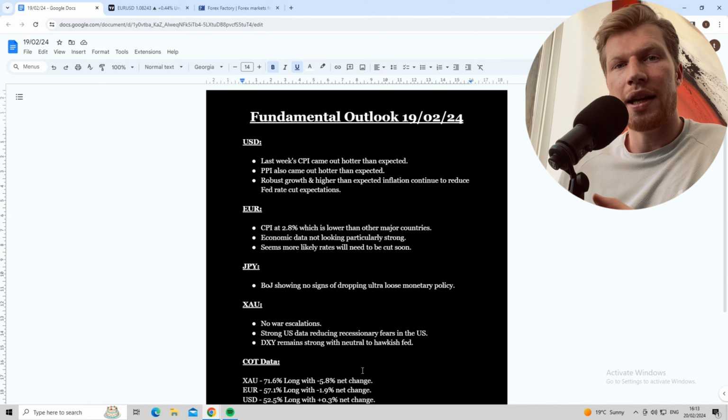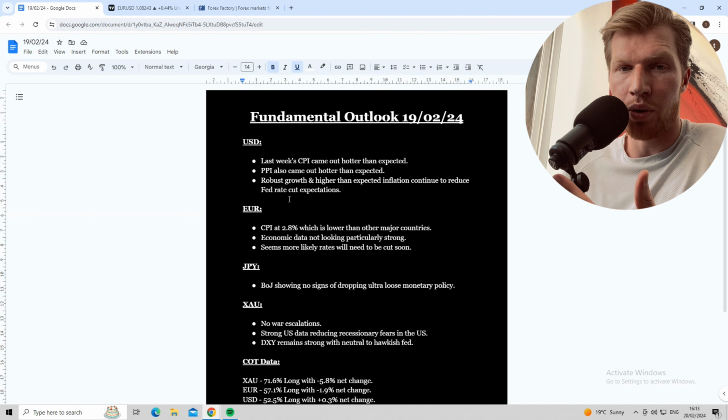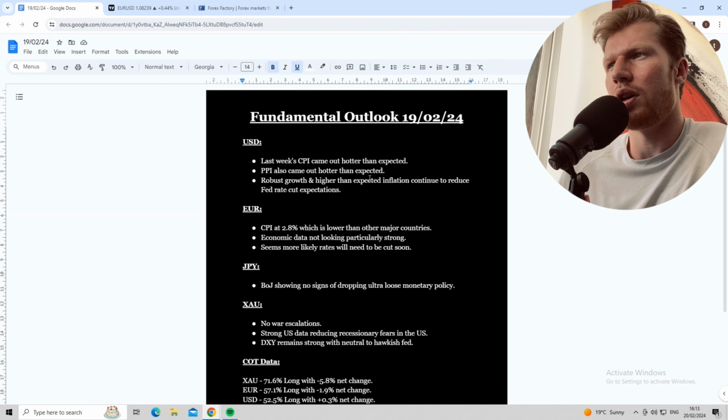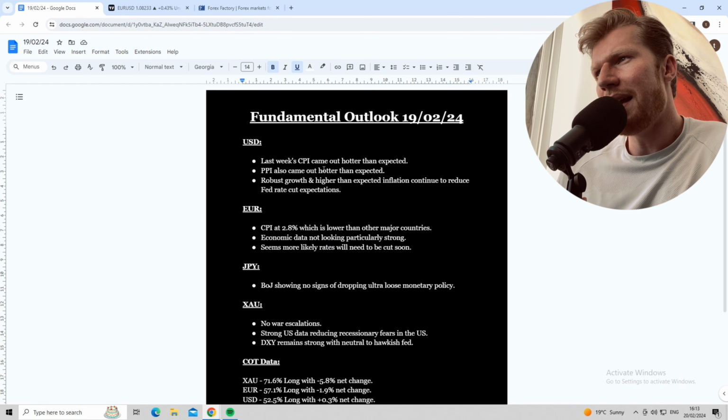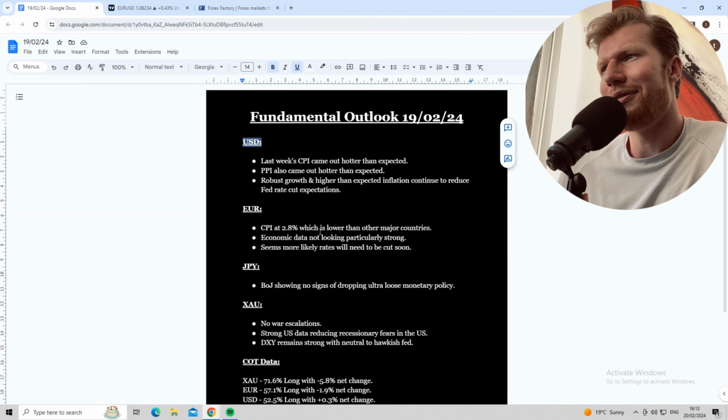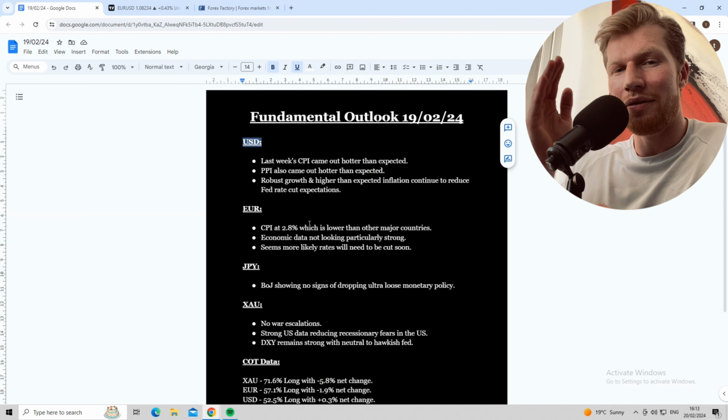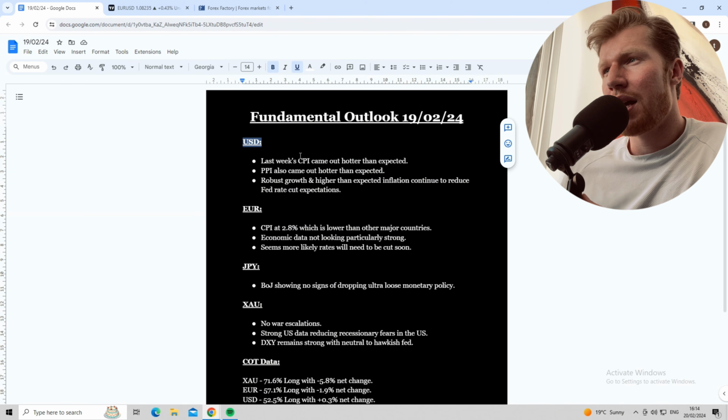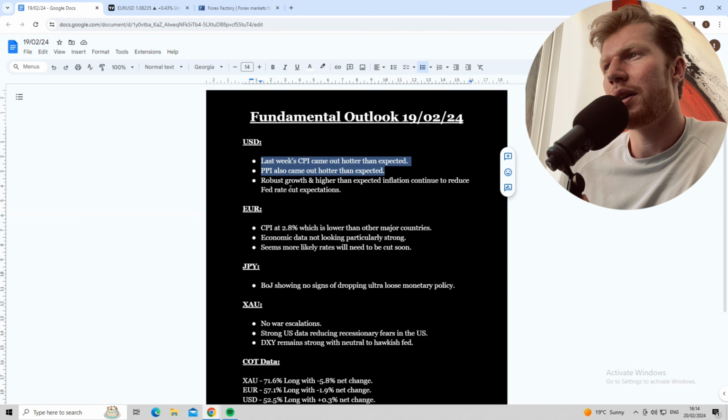So let's get into it. I'm going to start on the most important, as always, US dollar. With the US dollar, we're coming off the inflation data from last week. Last week we had CPI come out hotter than expected, and we also had PPI come out hotter than expected, right?